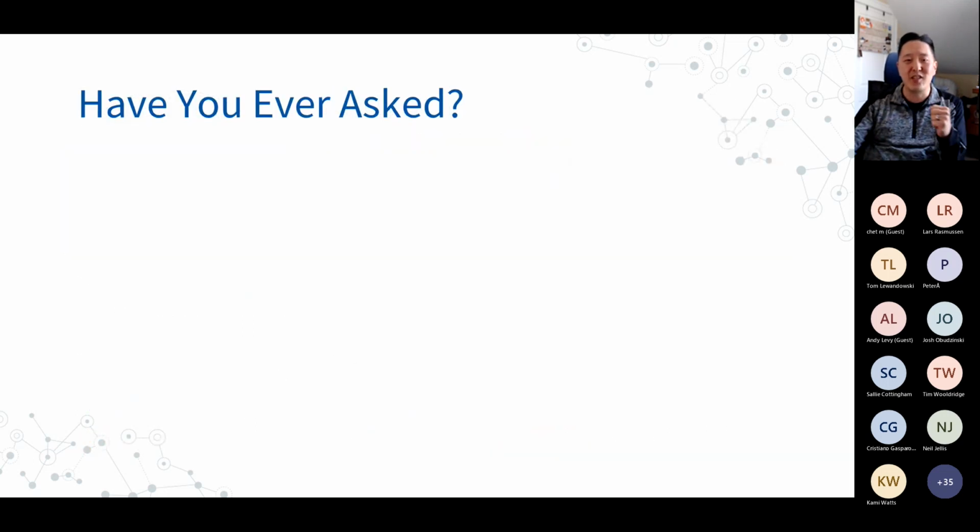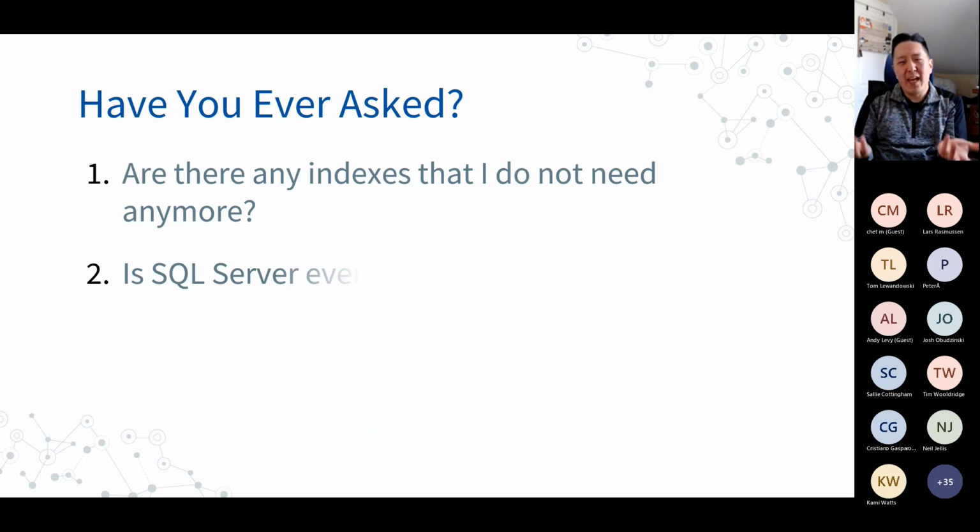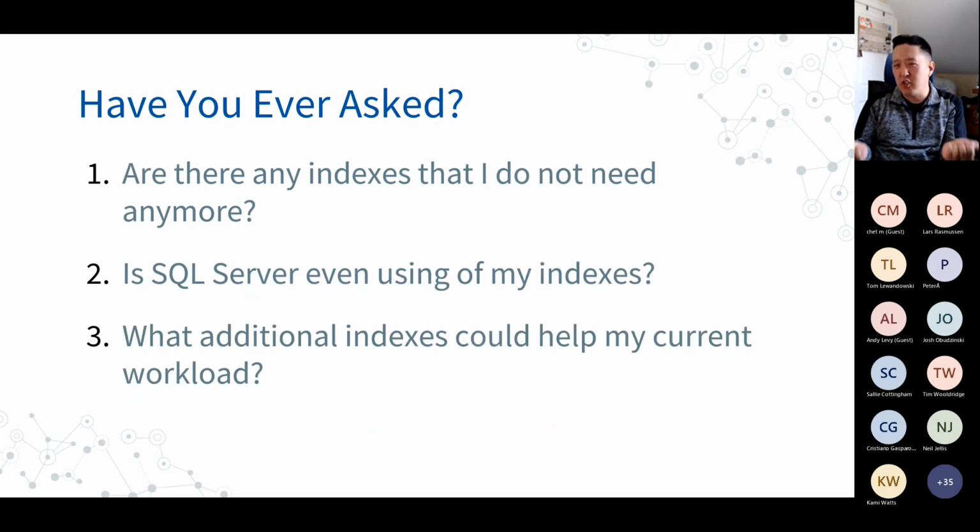So let's get into the session itself. Have you ever asked yourself any of these questions about the indexes that are in your environment today? Depending on the role that you're in, whether it be developer or DBA or oftentimes a mix thereof, sometimes you're in charge of the indexes that you happen to have, like you're the one responsible for creating them. Other times you may wind up inheriting them, maybe like you're an operational DBA, but it's the developers who choose to create the indexes for their different applications.